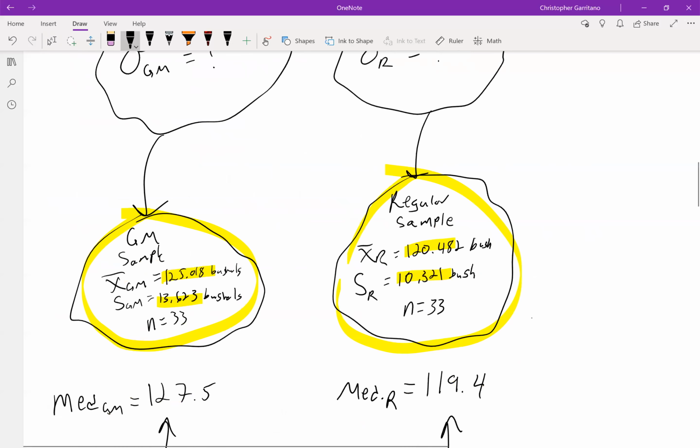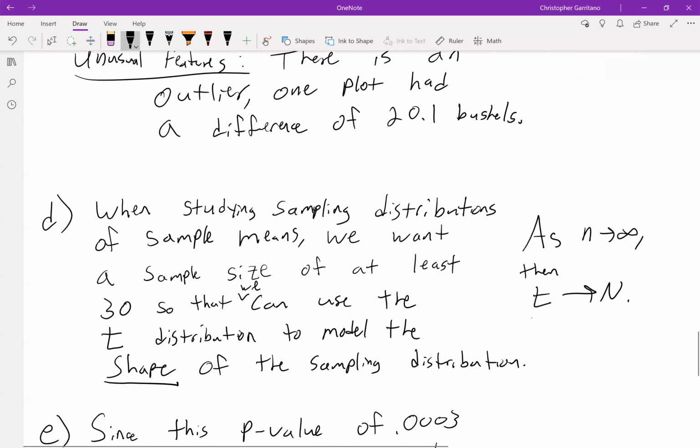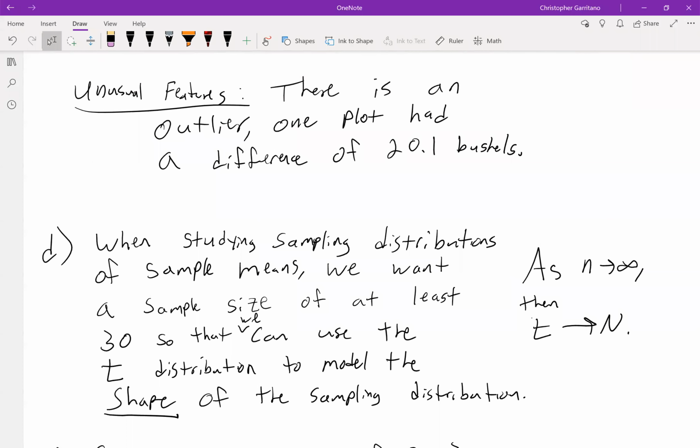And so one argument you could say is that when studying sampling distributions of sample means, we want a sample size of at least 30 so that we can use the T distribution to model the shape of the sampling distribution.